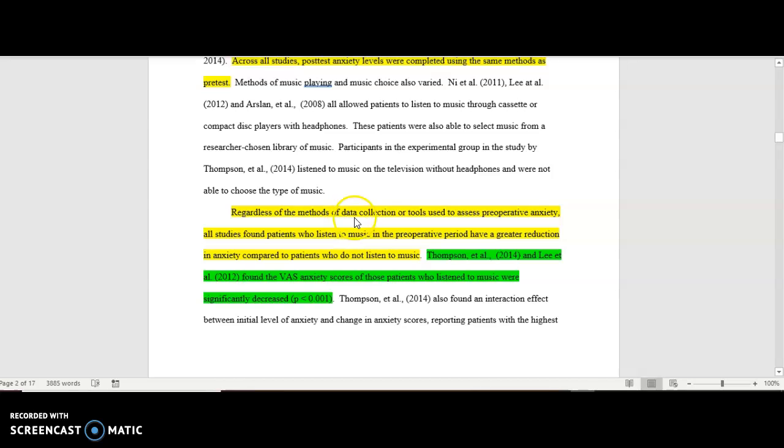Regardless of the methods of data collection or tools used to assess preoperative anxiety, all studies found patients who listen to music in preoperative period have a greater reduction in anxiety compared to patients who did not listen. So again, synthesizing what they've seen or read.